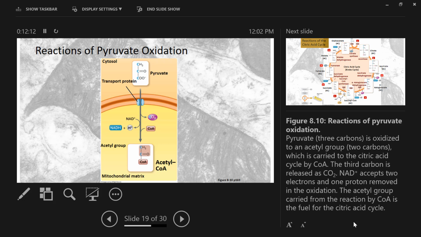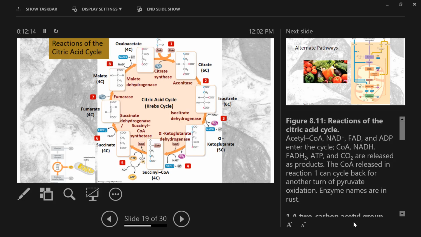But here's a great diagram to go through and to get all the individual pieces. So here's 1 reaction, 2, 3, 4, 5, 6, 7, 8. Okay, so there are the 8 reactions of the Krebs cycle. Now, if you look through here, you'll see an enzyme name that to you should spark the memory of it's catalyzing an oxidation reduction reaction, right?